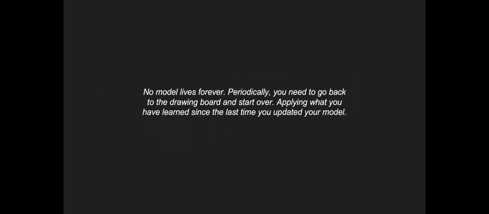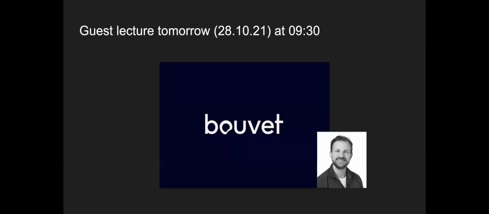The point here is that no model lives forever. Periodically, you need to go back to the drawing board and start over, applying what you have learned since the last time you updated your model. So that's it about machine learning in production.